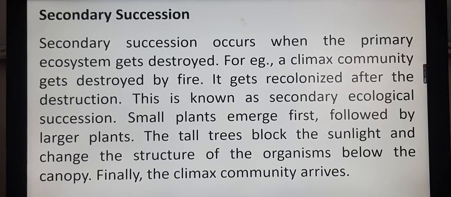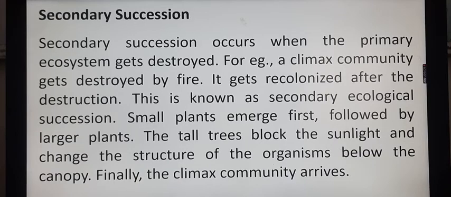Then secondary succession occurs when the primary ecosystem gets destroyed. For example, a climax community gets destroyed by fire. It means when the succession started in a totally barren area, and finally the climax community came into existence like the trees.